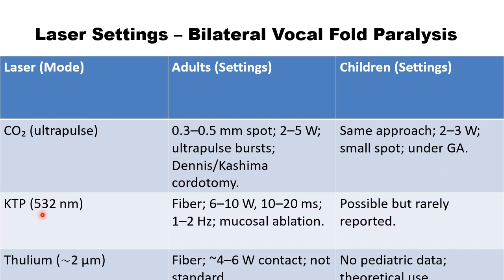Occasionally the KTP can be used in the fiber form, and the power would be between 6 and 10 watts with pulsed mode, 10 to 20 milliseconds on, and mucosal ablation of the posterior part of the vocal fold is usually possible with KTP, but if cartilage ablation is required, then the carbon dioxide laser would be preferable.